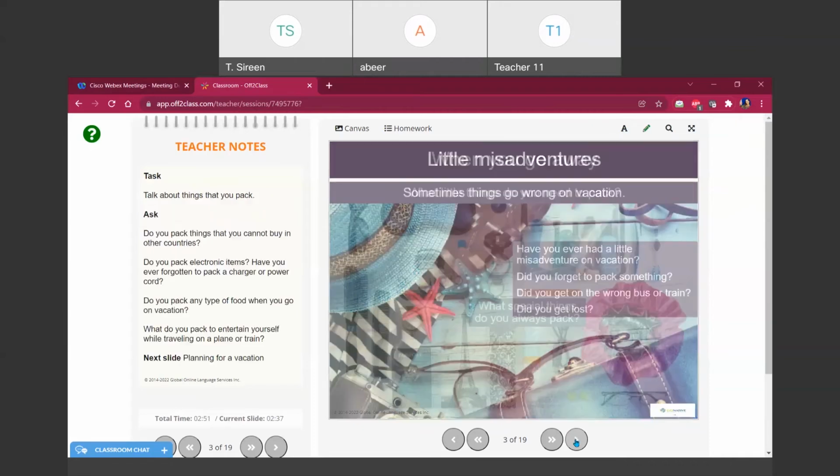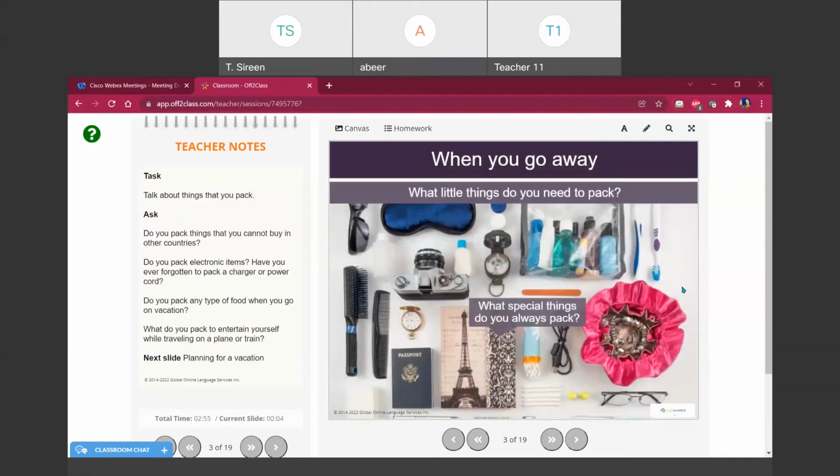When you go away, what little things do you need to pack? What special things do you always pack? What are the other things that you pack all the time?